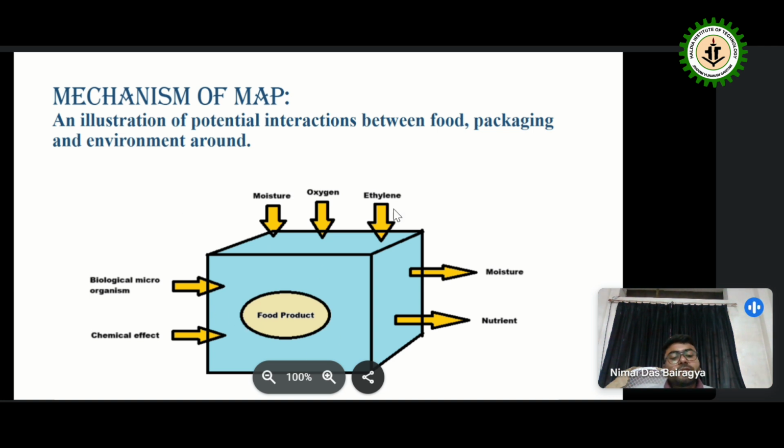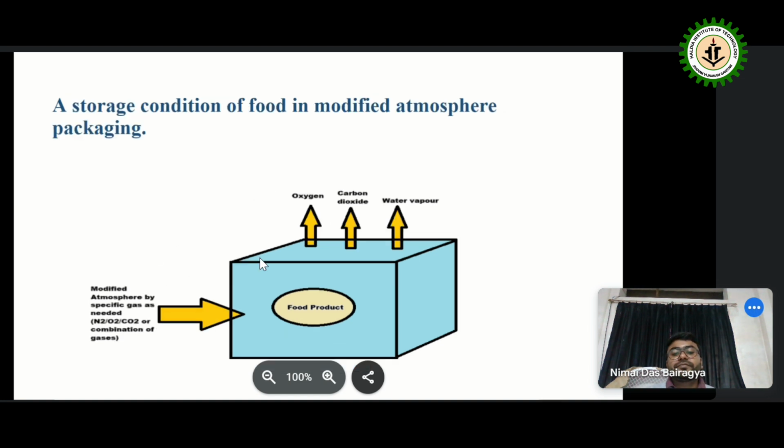Here many types of environmental effects affect the product, like moisture, oxygen, ethylene, or biological microorganism growth, chemical effects, removal of moisture, and also decreasing of nutrients. So these types of effects happen if we package the food product in a traditional method, and that's why the shelf life will be very less because of these types of environmental effects.